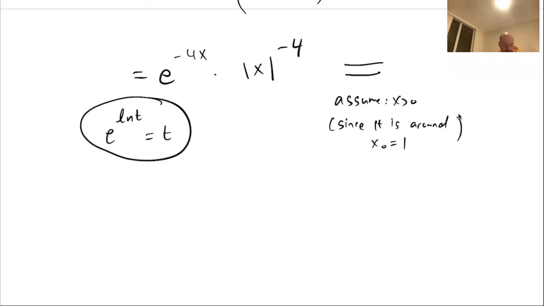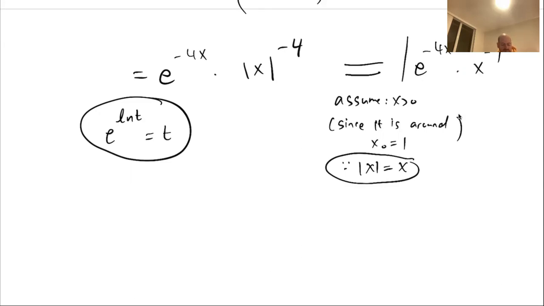Then absolute value x will be the same as x. So I will have e to power minus 4x times x to power minus 4. So this is the formula for R of x.